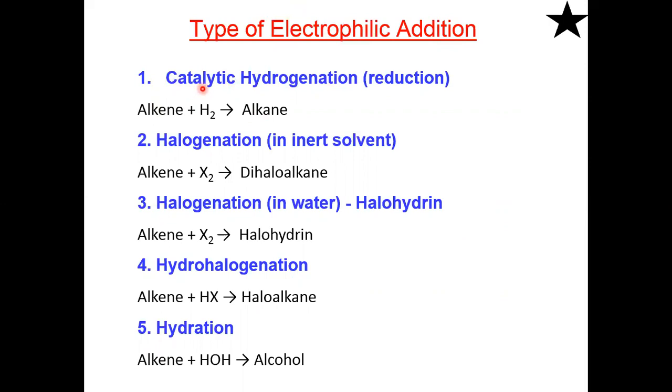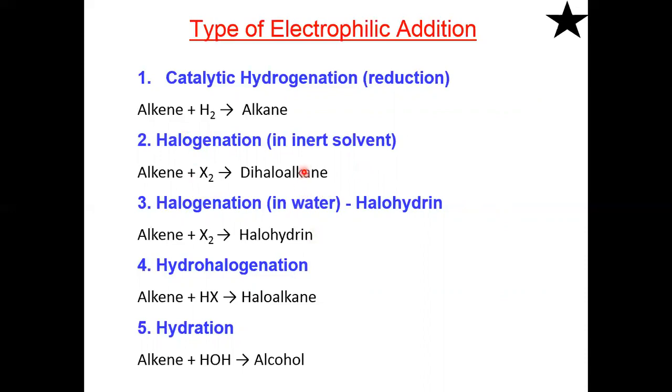So the first one is catalytic hydrogenation, reduction, where from alkene you add in 2 hydrogens to make it an alkane. Halogenation in inert solvent. Okay, halogenation, there are 2 types of halogenations, maksudnya kamu akan include halogen dalam alkene. So there are 2 conditions, it's either in inert solvent or in water.